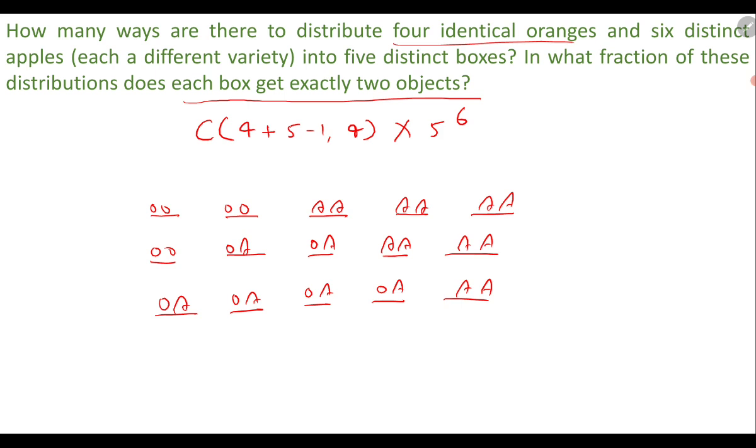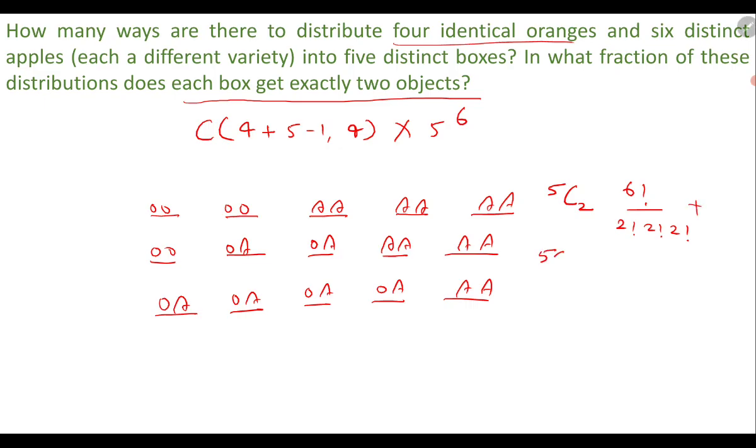If we discuss each case one by one, in the first case I need to know which two boxes have oranges, so 5C2, and then in these two boxes I just put the oranges because they are all identical. But in the remaining one I cannot directly put the apples because they are distinct, so that's why I have to call it arrangement with repetition. And if it is clear, then I keep adding the cases.